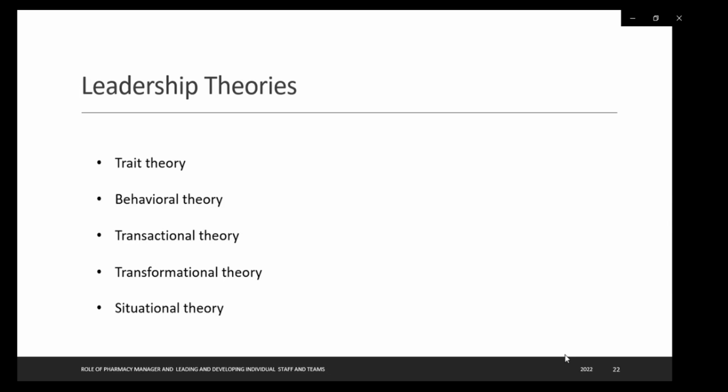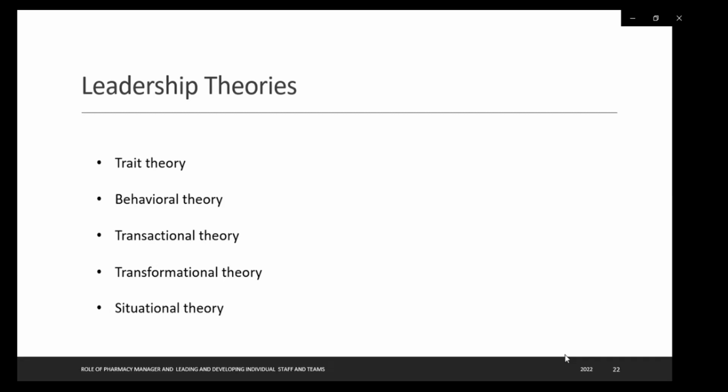But here, by evaluating myself, I could find some skills, such as listening and communication skills, that I have. I think it's under trait theory. The trait theory of leadership states that certain natural qualities tend to create good leaders.